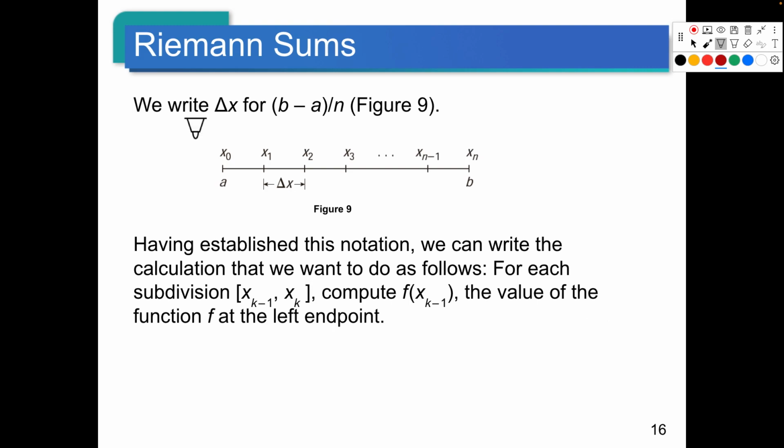Okay? So again, just painstakingly, we're going from some interval A to B, and we divide it up, and the distance between the x values is always the same. And it will be determined by taking the bigger endpoint minus the smaller endpoint and dividing it by however many divisions they tell us to make.